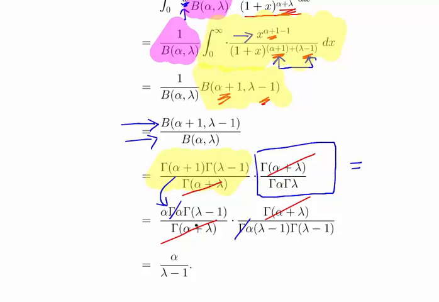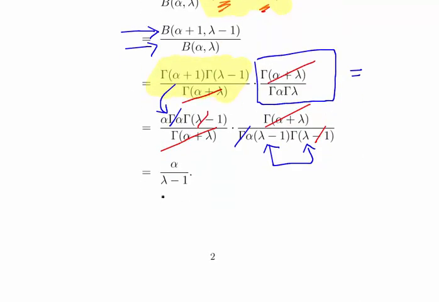Looking over here, the gamma function of lambda can be expressed as lambda minus 1 times the gamma function of lambda minus 1, so that cancels out with that. So we get loads of cancellations, and what we end up with is alpha divided by lambda minus 1.